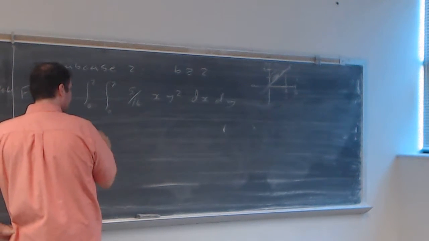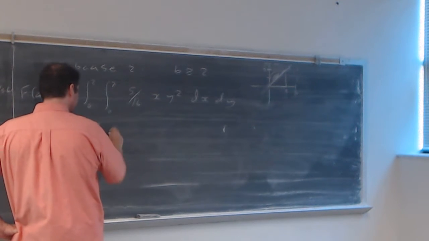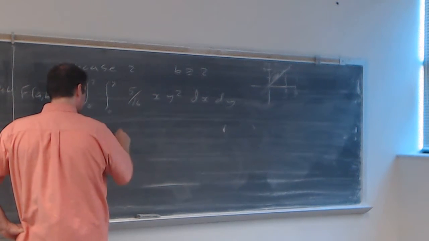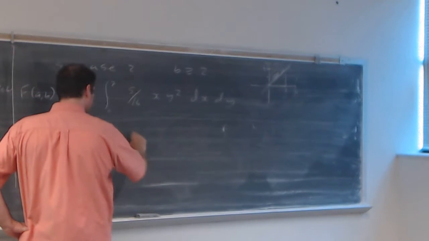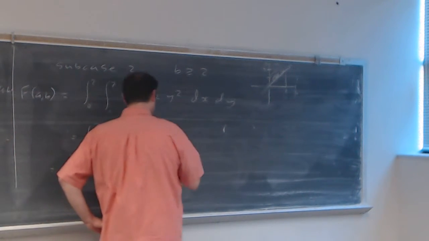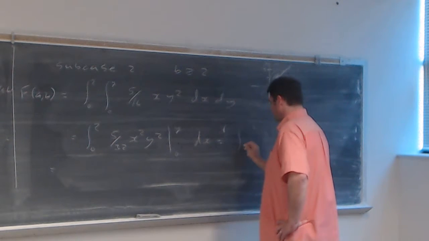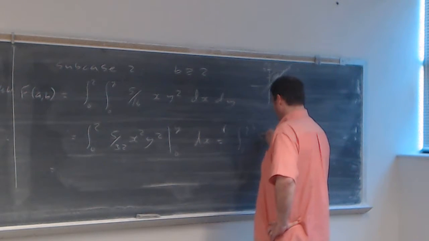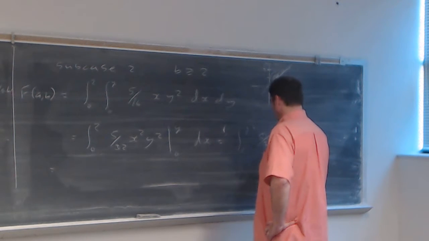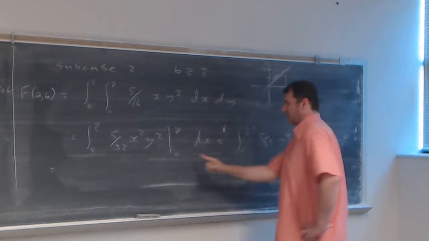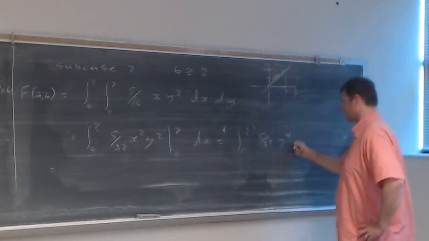This is equal to the integral from 0 to 2. I integrate with respect to x, so this is 5 over 32, x squared y squared, evaluated from 0 to y, which is going to be equal to the integral from 0 to 2 of 5 over 32. Here I let x be y, and I'm going to get y to the 4th. When I let x be 0, this part's going to be 0, so subtract 0 from that.